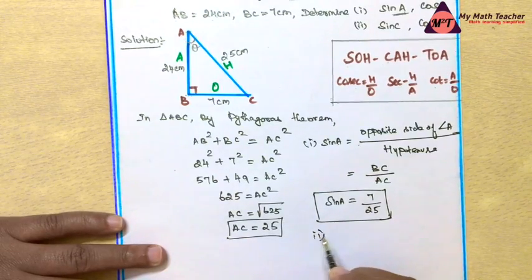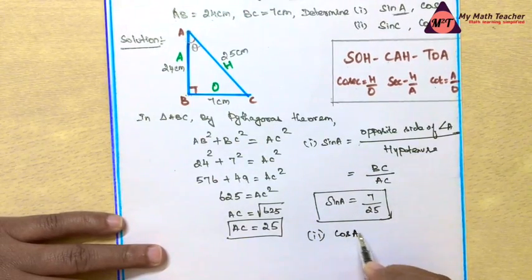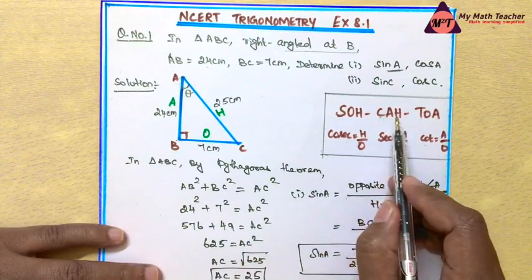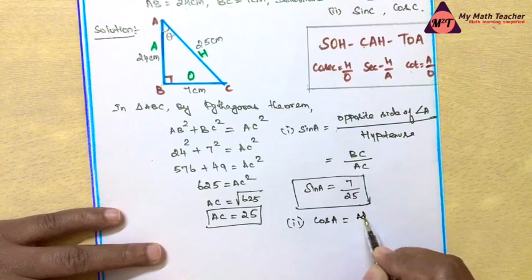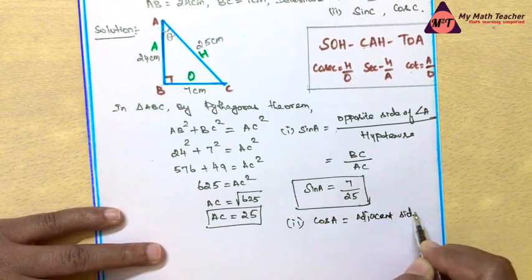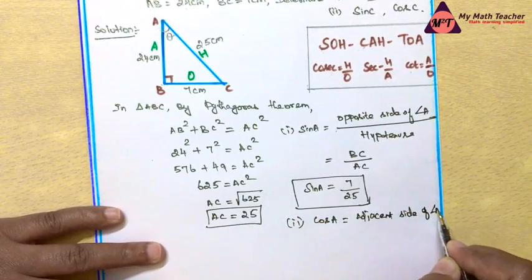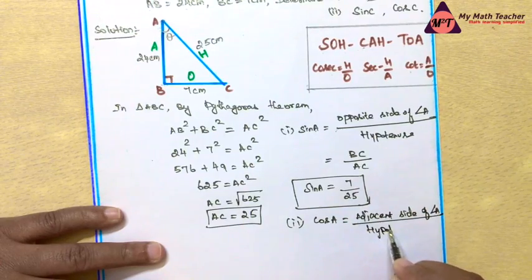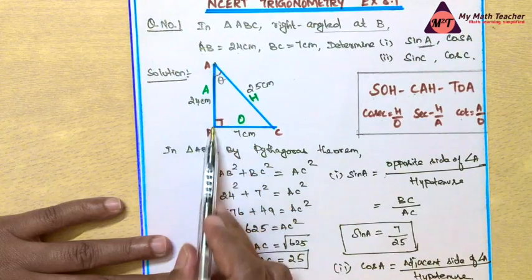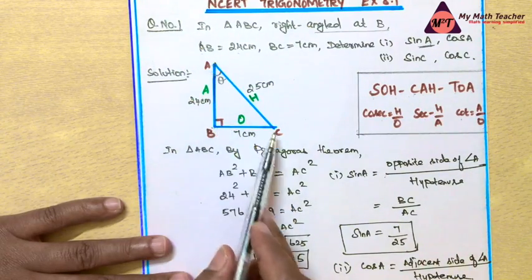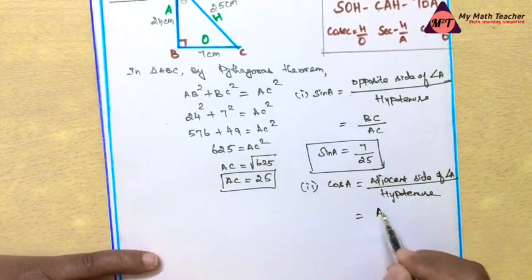So it's very easy to find this. Now the second subdivision, that is cos A. As we know, cos is adjacent by hypotenuse. So the adjacent side of angle A by hypotenuse. What is the adjacent side here? The adjacent side is AB and the hypotenuse is AC.